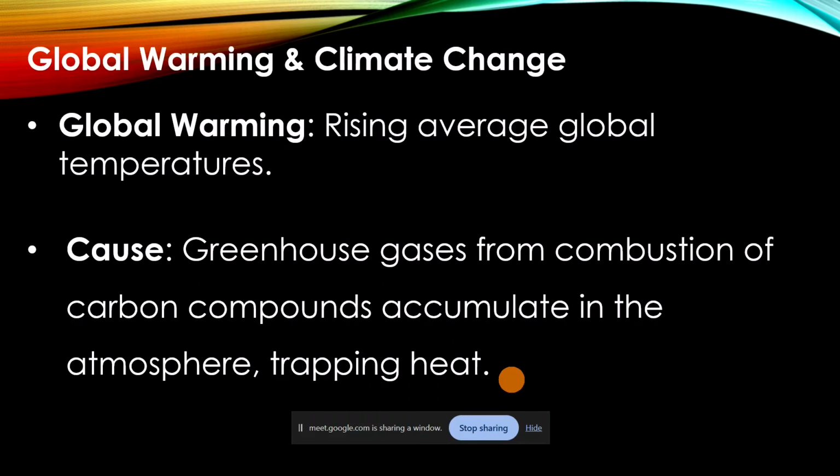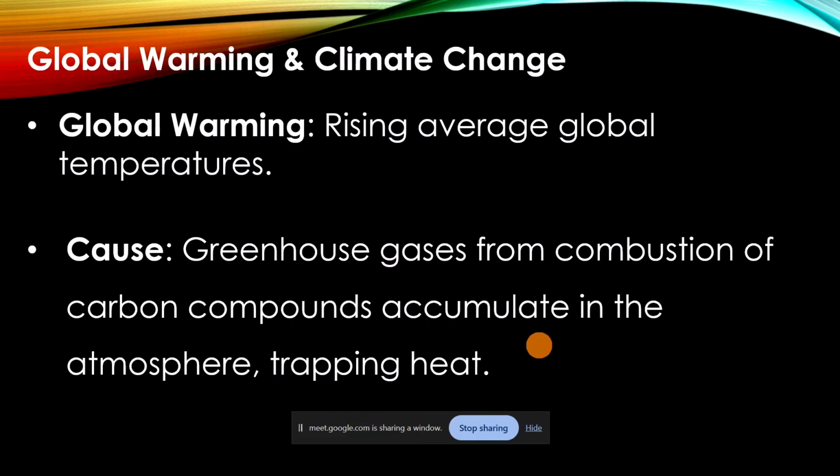So the combustion of fuel in those engines produces what we call greenhouse gases, such as carbon dioxide. So gases such as carbon dioxide are referred to as greenhouse gases.